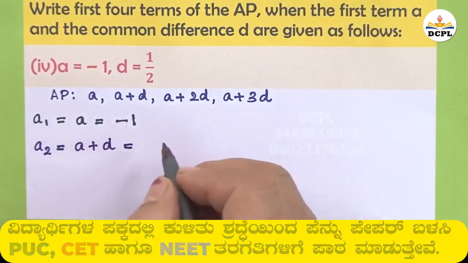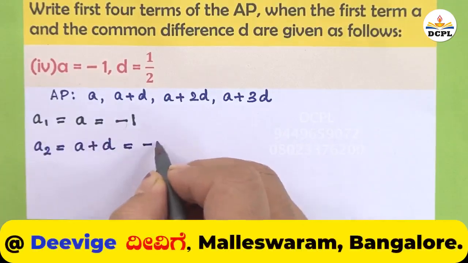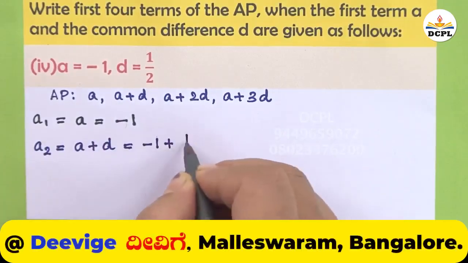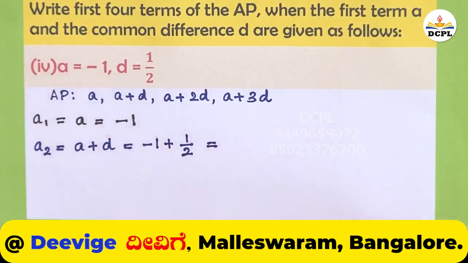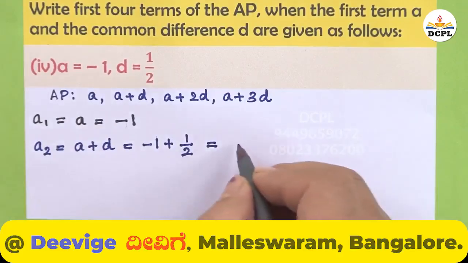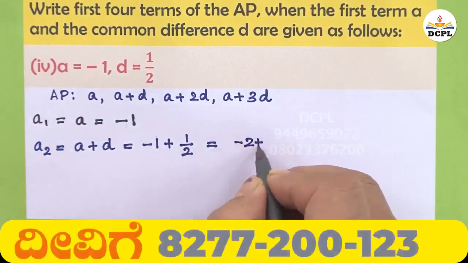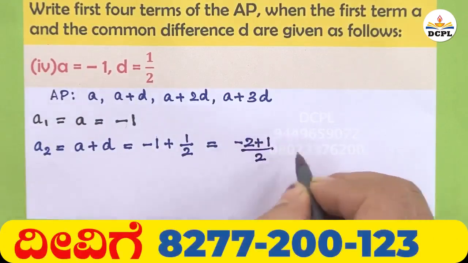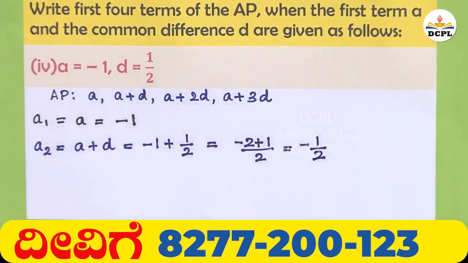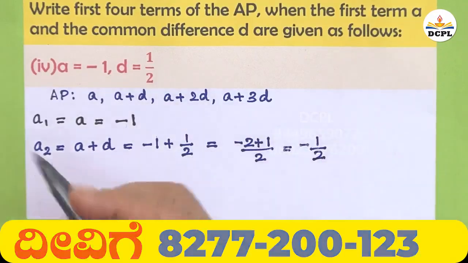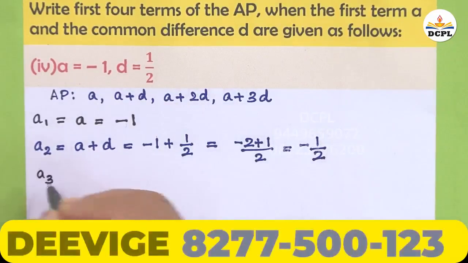So let's substitute the values: minus 1 plus half. Here we need to take the LCM. So when we take the LCM, it is minus 2 plus 1 divided by 2, so minus half. Now let's move to find out A3.